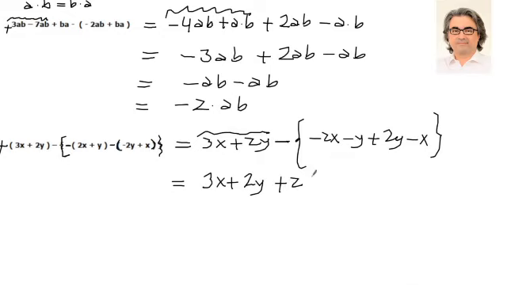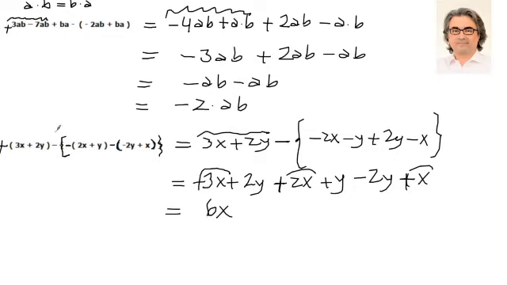Plus 2x plus y minus 2y plus x. Now let's continue to make the operation with like terms. I have plus 3x plus 2x and plus x. Plus 3 plus 2 plus 1. It means plus 6x.